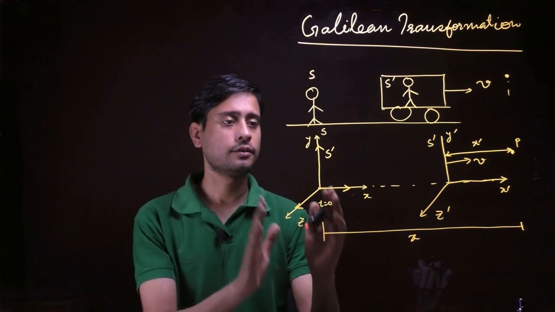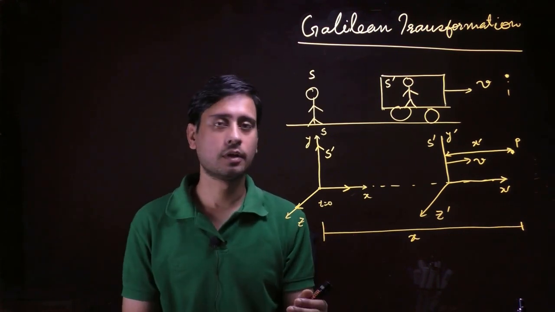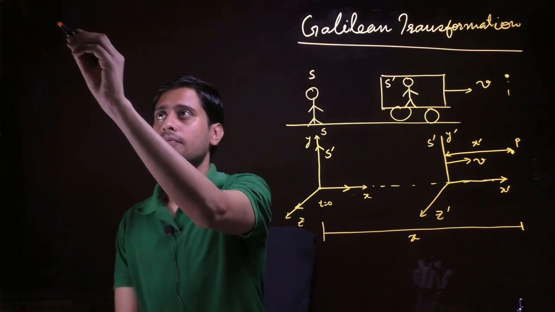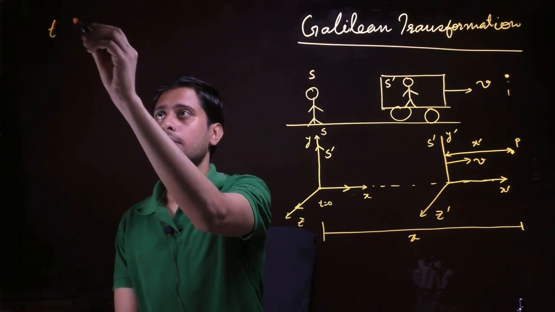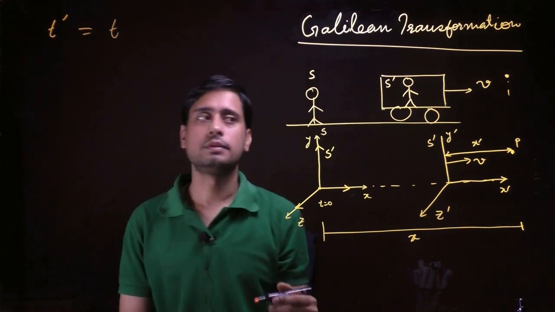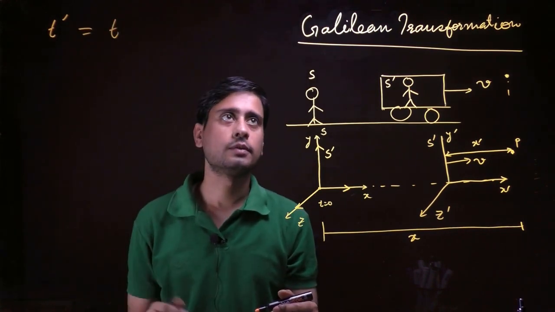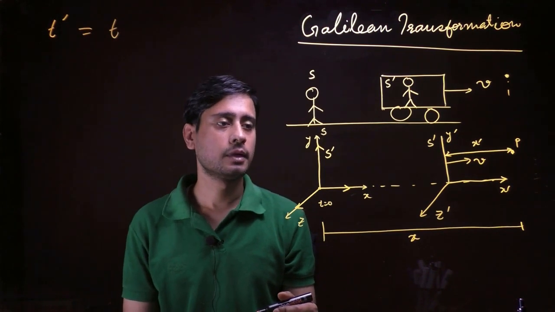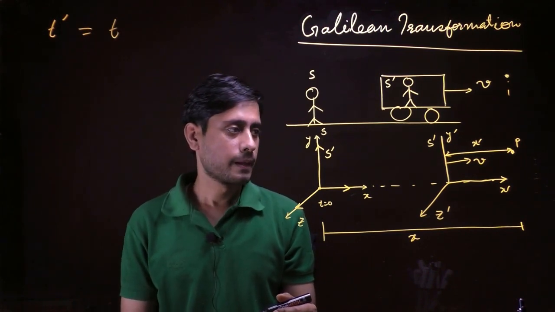So for the S observer and for the S prime observer, both of them will measure the same amount of time. So t prime will be equal to t. This is the assumption made by Galileo.